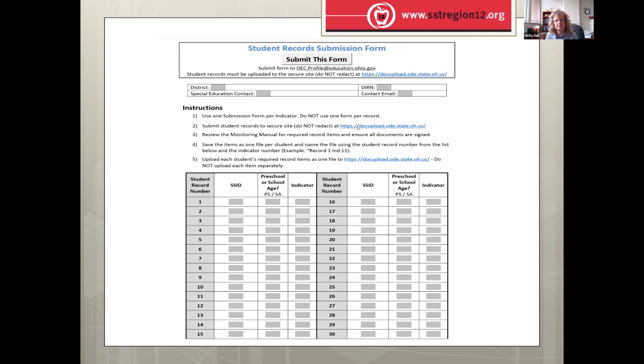And then you're going to upload the student records to this doc upload site, making sure that we're uploading each student's required record items as well to the same doc upload site. So we don't have to worry about redacting records. Since it's going to the secure site, we don't have to worry about that.